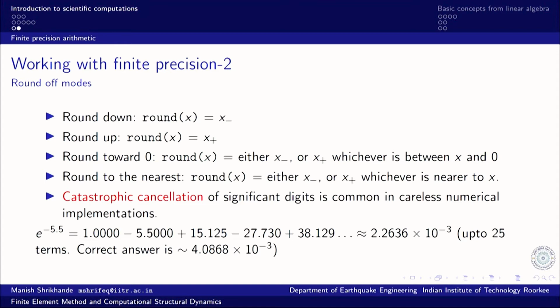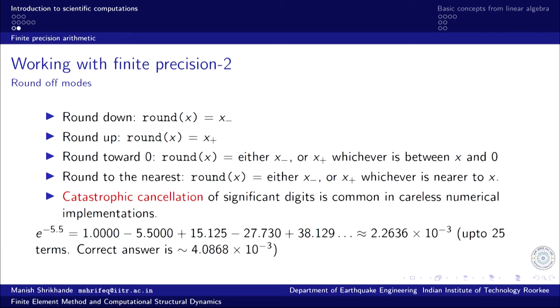A simple example just to drive home the point: the series expansion of e to the power x. If x is, say, minus 5.5, it would be 1 plus x plus x square by factorial 2 plus x cube by factorial 3 and so on.